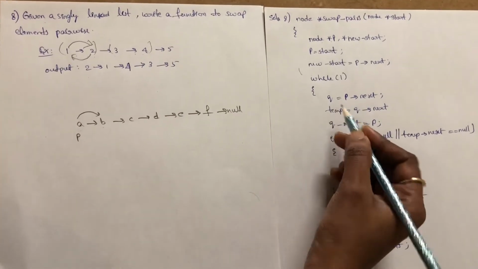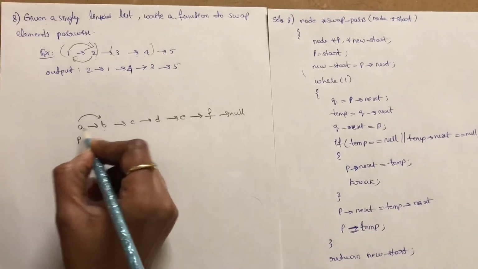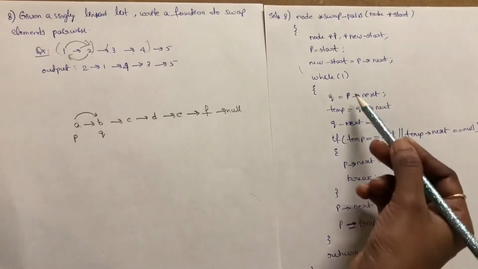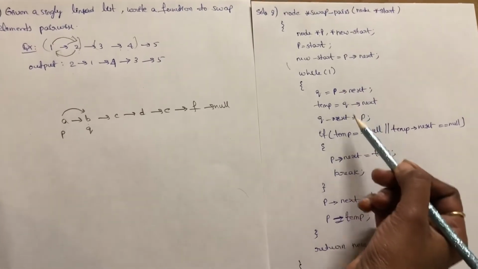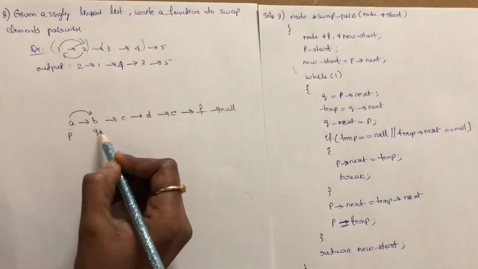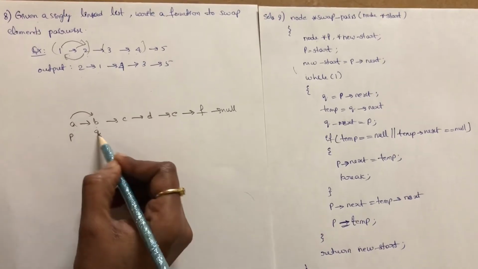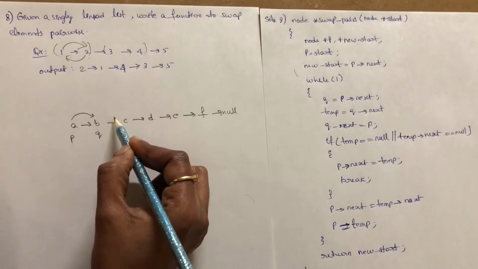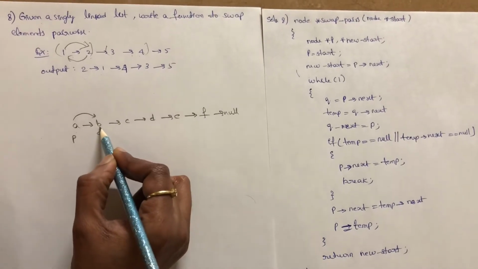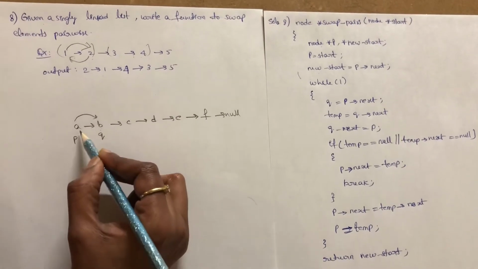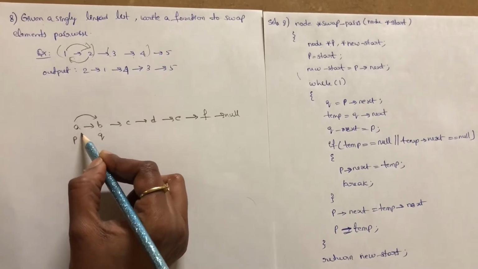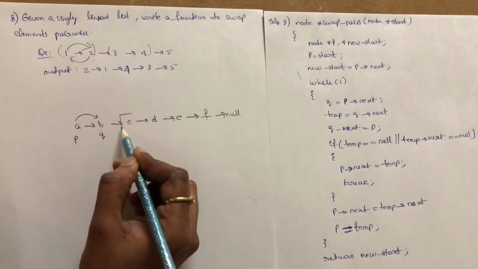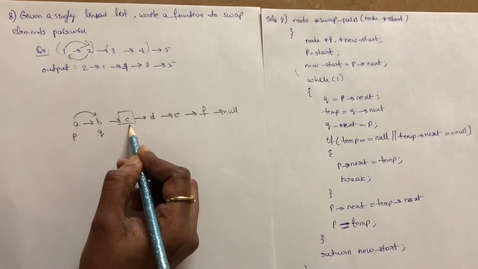So here, q is nothing but p next. Now we are using the swapping logic here. Q is equal to p's next, that means b. If we point b's next to a, that means q next to a, the address of the following node will be lost.